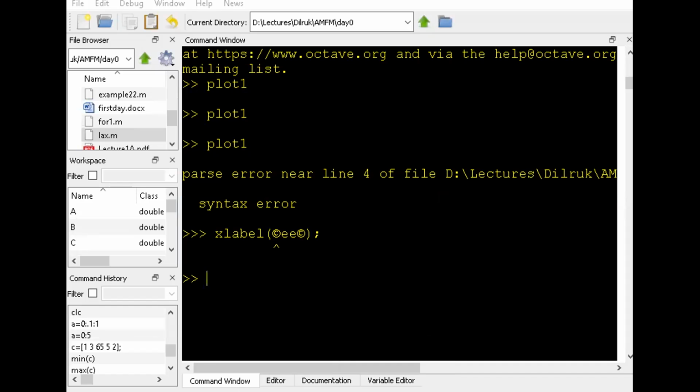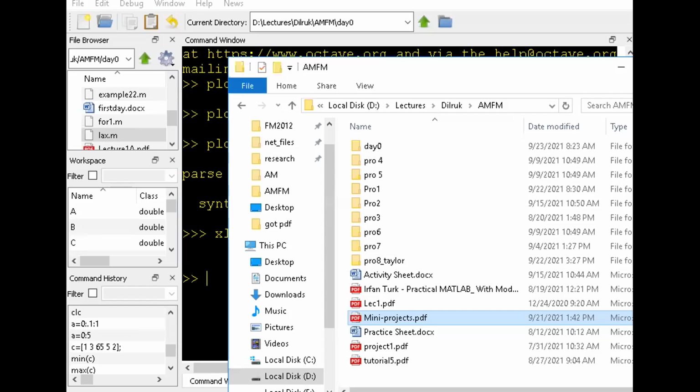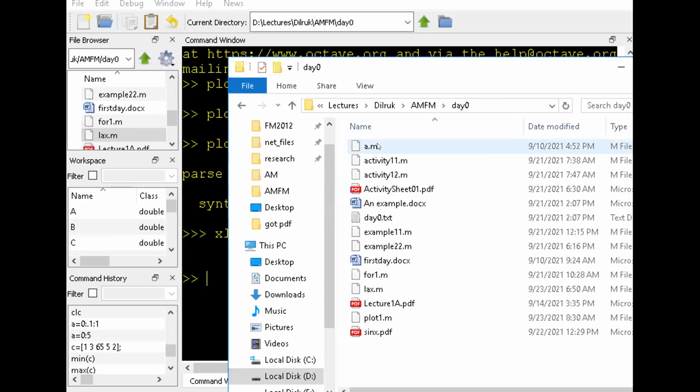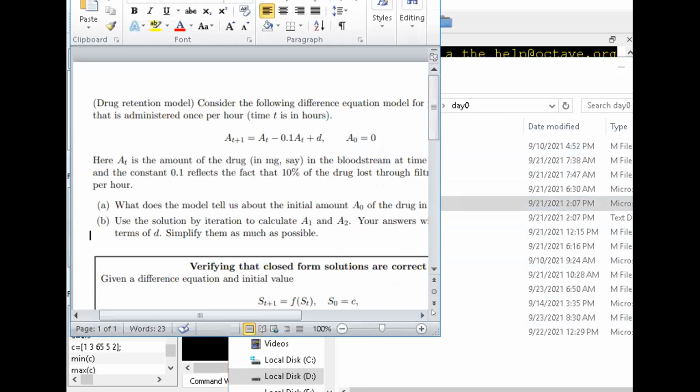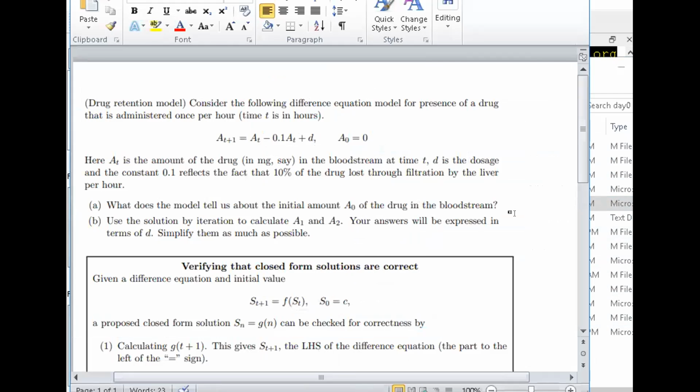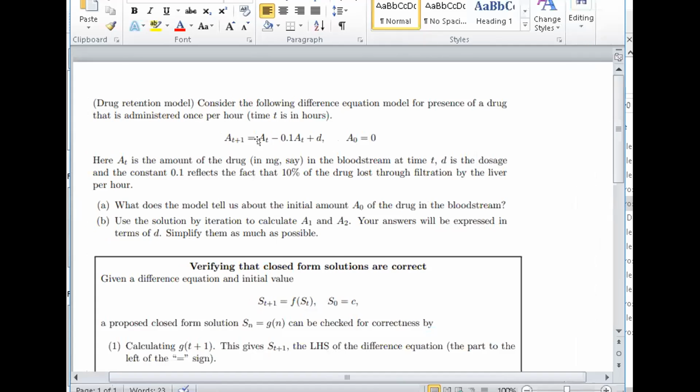Okay, then let's go to a small activity, right? Day one, take example. Can you read this one? Can you do this example? We did this one yesterday as well, or the day before yesterday.